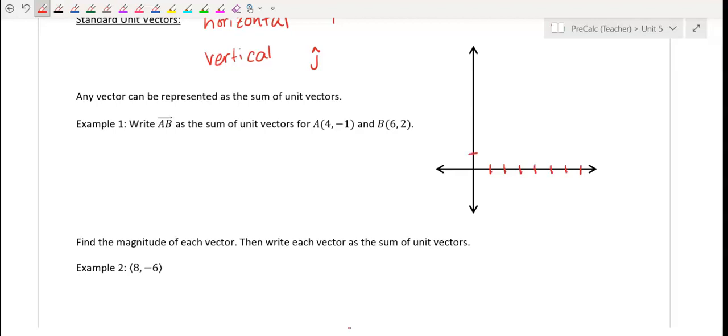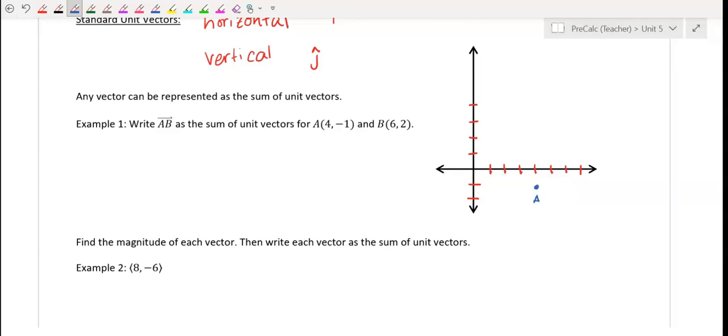And then I've got 1, 2, 3, 4, and 1, 2. I'm just doing this to make sure that I have enough space on my x-axis and my y-axis to plot my points. So now A is at (4, -1), so I'm going to put it right here.